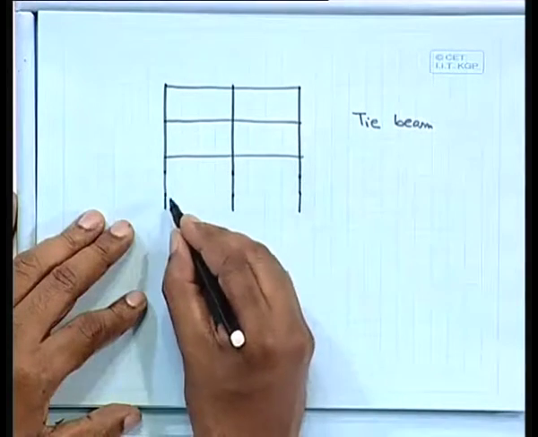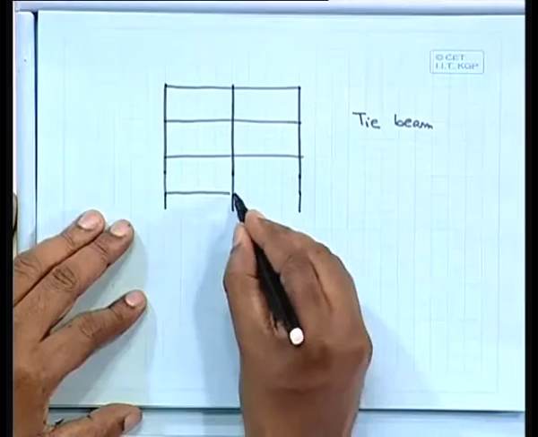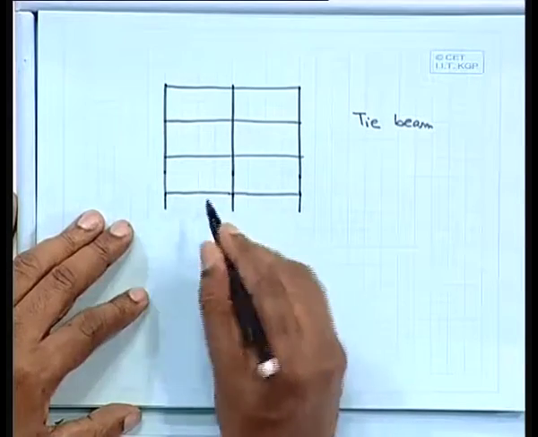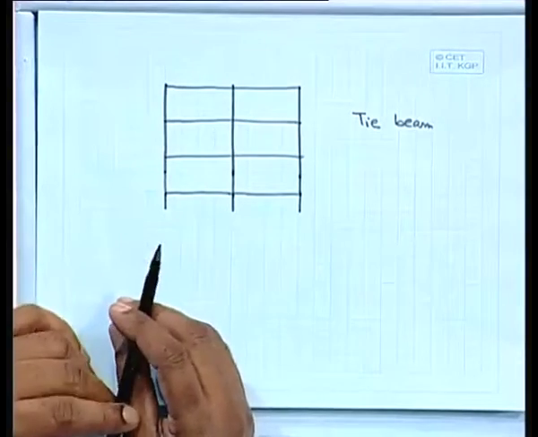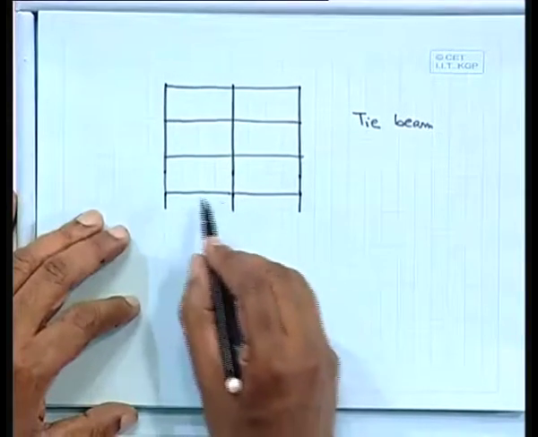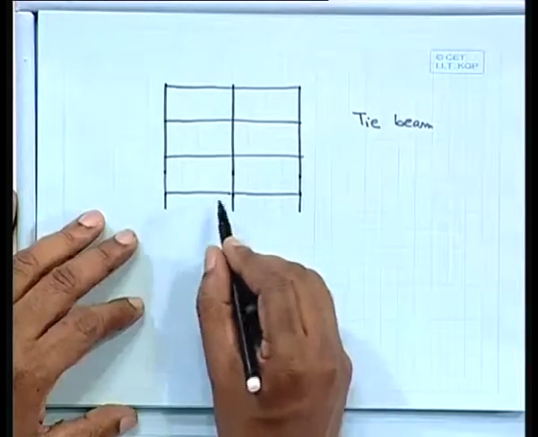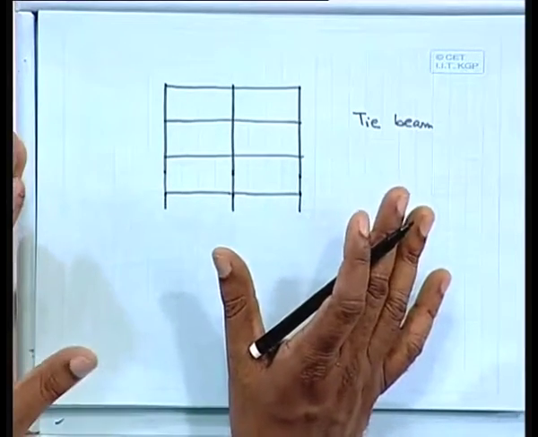It means we are providing tie beams here. We are not giving any separate foundation for the masonry wall. Wall generally is made of masonry. So for that we are not giving any foundation.